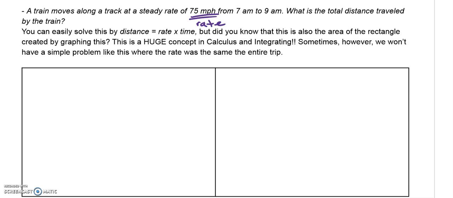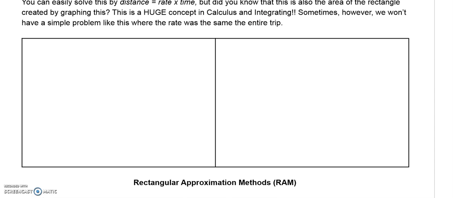So from 7 a.m. to 9 a.m., what's the total distance traveled by the train? This is an algebra problem, right? If we just set up a simple graph, this is going to be our y-axis, and this right here is going to be our x-axis.